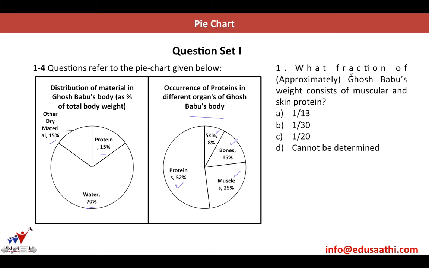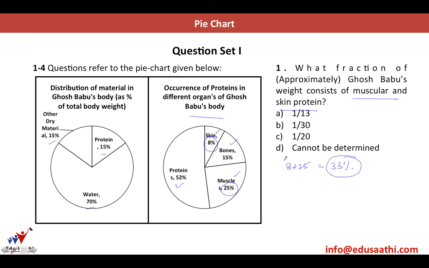Let's look at the first question. Approximately what fraction of Ghosh Babu's weight consists of muscular and skin protein? So muscular and skin protein together make up 8 plus 25, which is 33%.